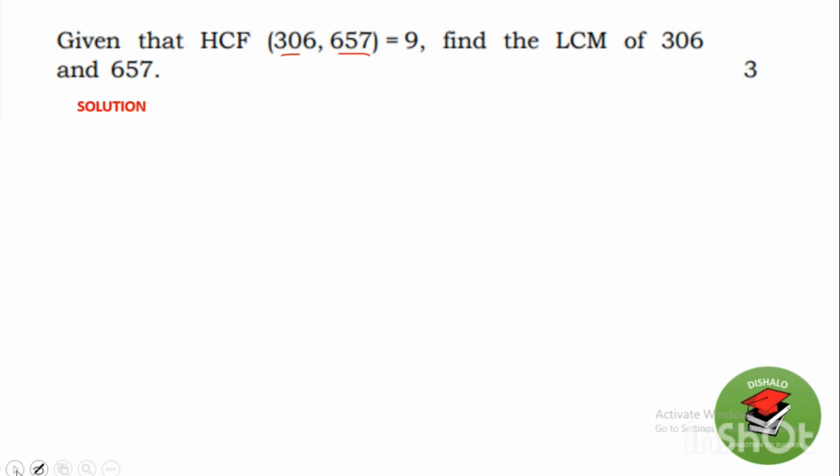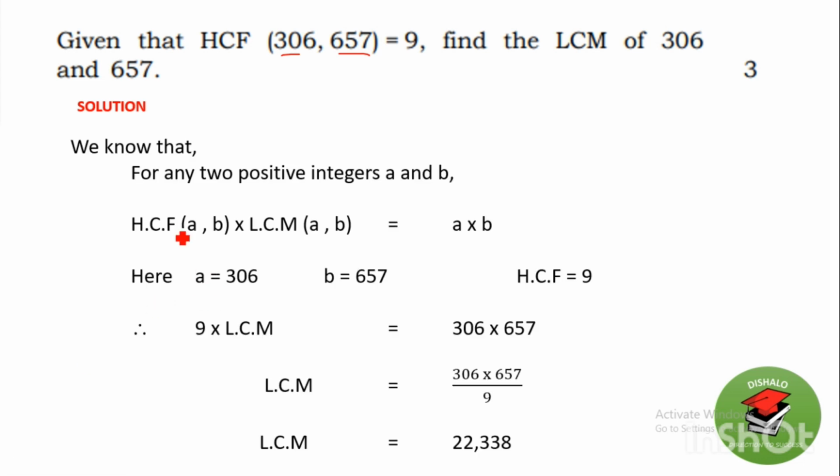So here you have to use the formula: HCF of A and B, in this case 306 and 657. HCF into LCM equals A into B. The formula is HCF of the numbers into LCM of the numbers equals the product of the two numbers.